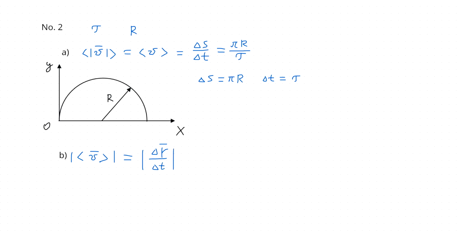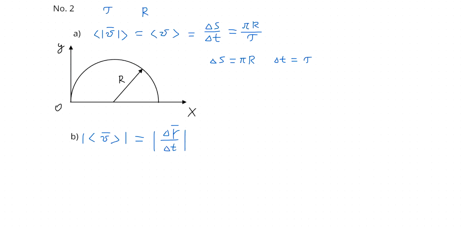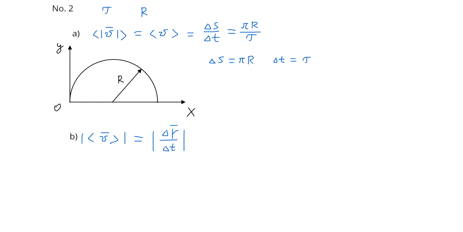So delta t we have before. And what about the displacement vector? How to find it?